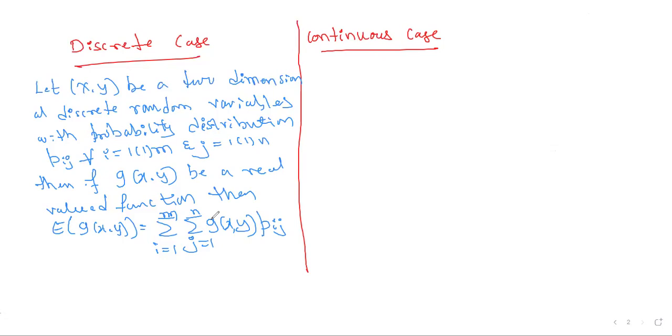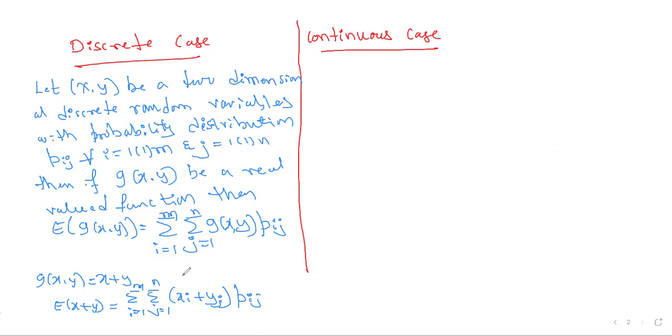For example, if g of x comma y is x plus y, then the expected value of x plus y is the double summation, i from 1 to m and j from 1 to n, of xi plus yj into pij.